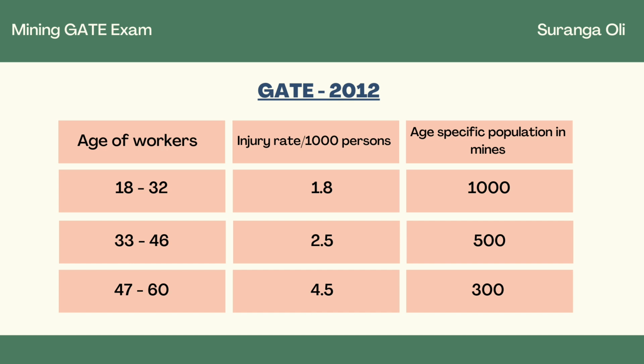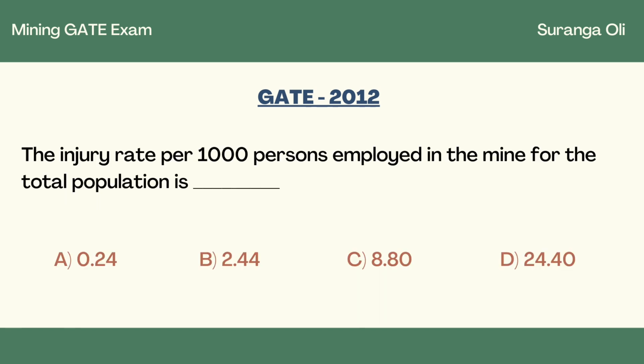Between the age 47 and 60, the injury rate is 4.5 for every 1000 persons, and the total number of persons employed in this age group is 300. In this question, we have to find the injury rate per 1000 persons employed in the mine for the total population.